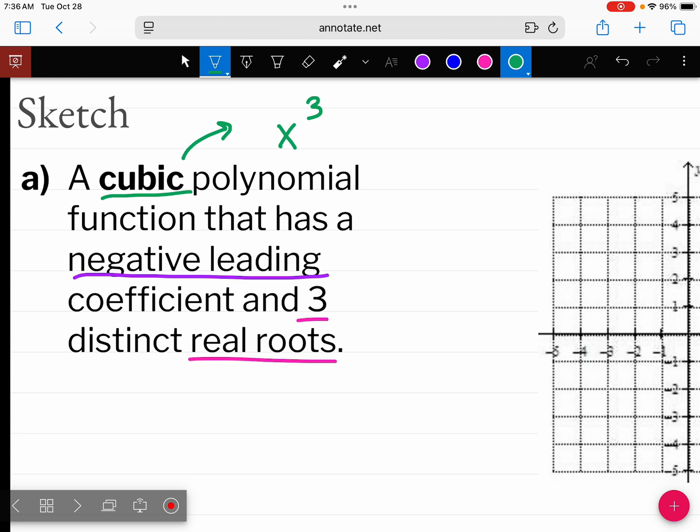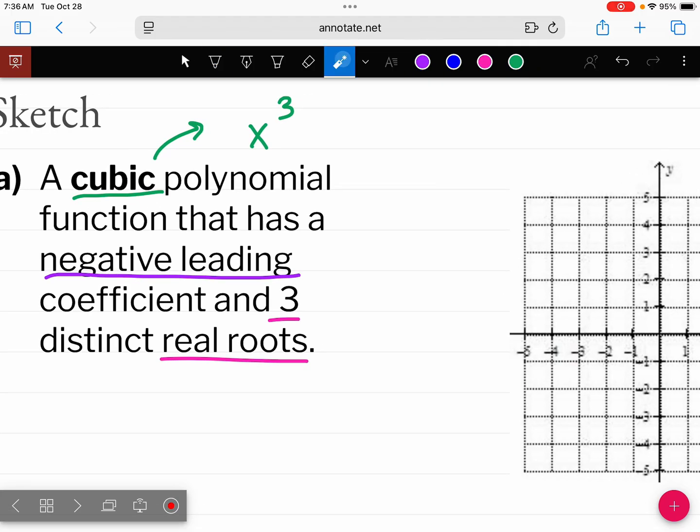Think quarter, quartic, 4s. Quintic is 5s. I could keep going in the Latin ones, but it's just not a thing that's typically used. We very rarely use the even quartic or quintic. Cubic is about as high as we go in the names. So quadratic means x squared. Cubic means x to the 3rd. Most of the rest of them we just say to the 4th, to the 5th, to the 6th.